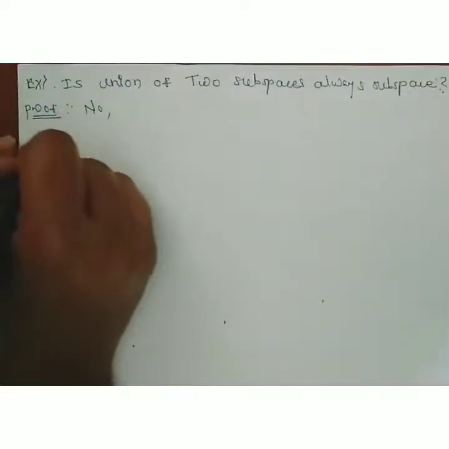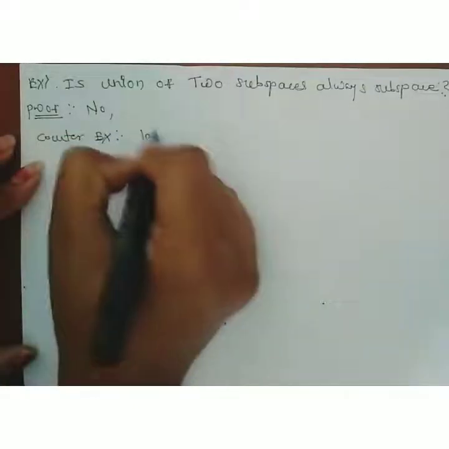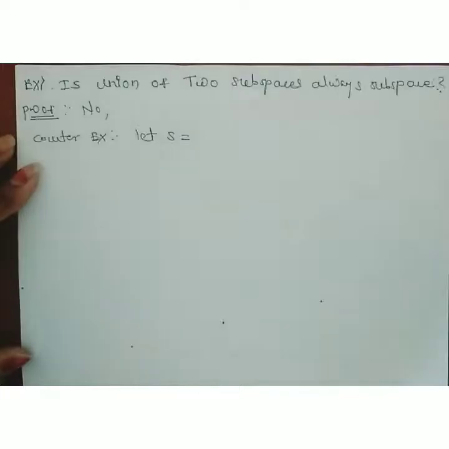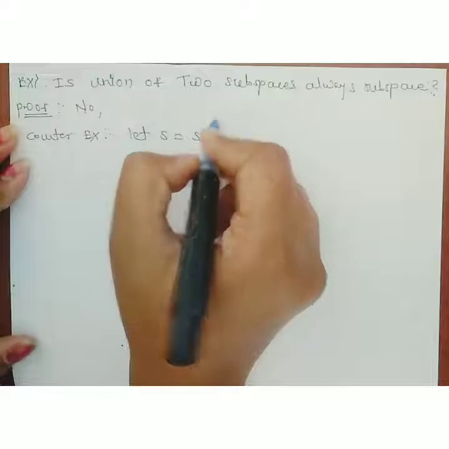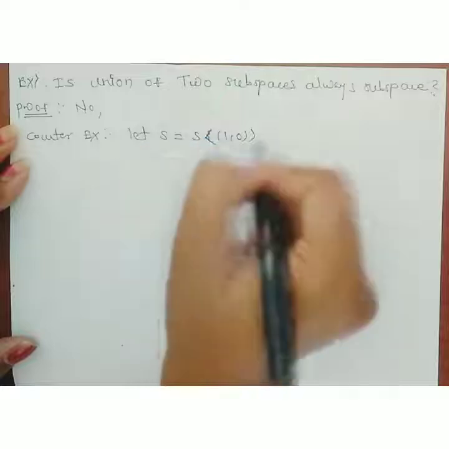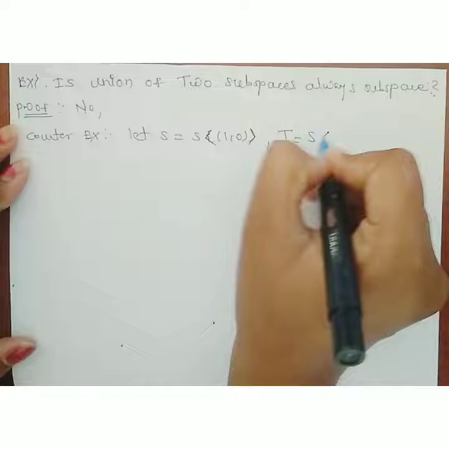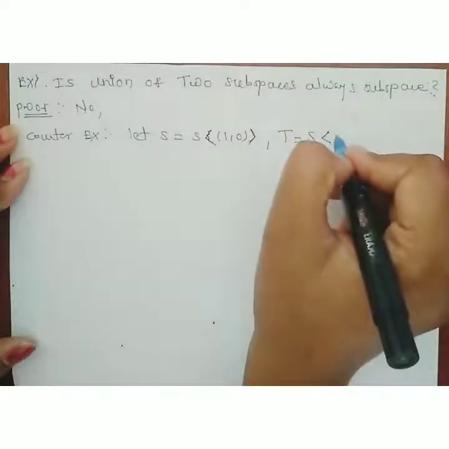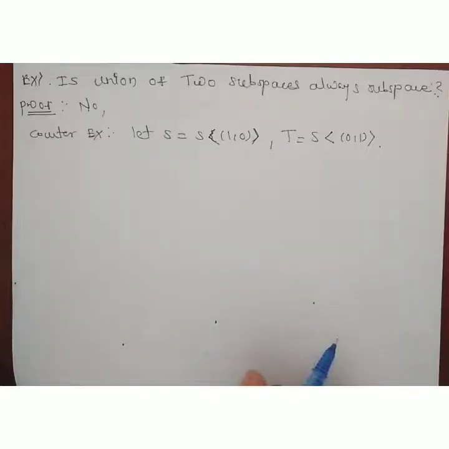So the counter example is: consider two subspaces of the vector space V. Suppose S is equal to span of (1, 0) and T is equal to span of (0, 1). These are nothing but subspaces of the vector space V. Now we have to show that their union is not a subspace.